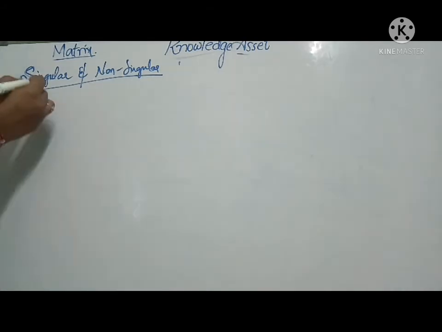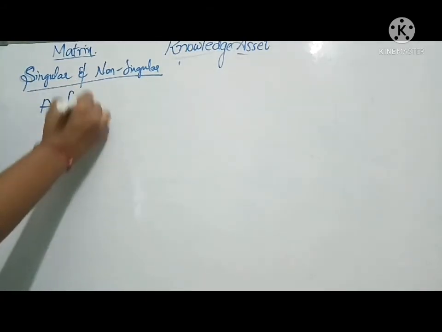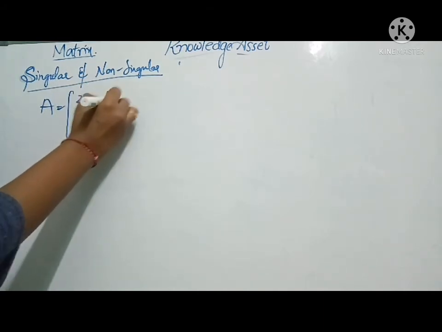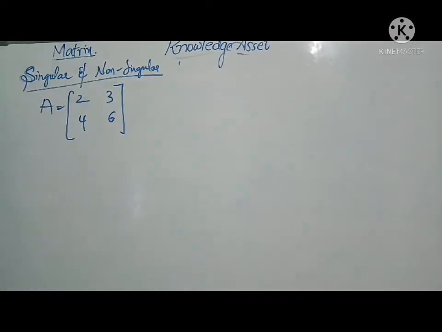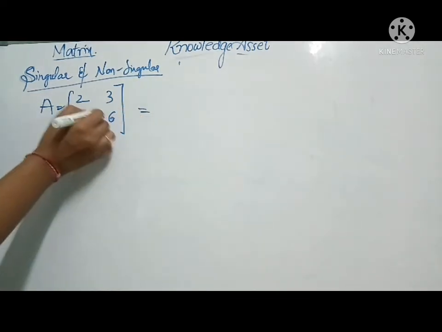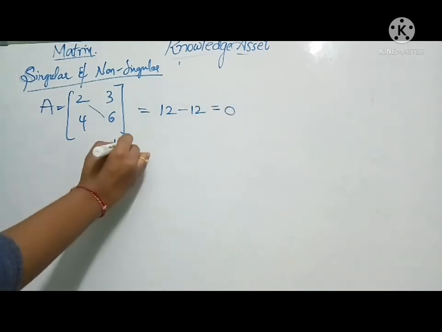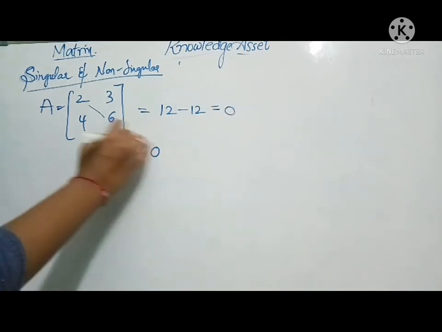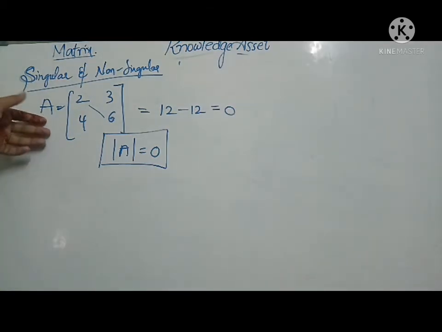Suppose, for example, A is the matrix [2, 3; 4, 6]. Find the determinant now. 6 times 2 is 12, and 4 times 3 is 12, so 12 minus 12 is 0. The determinant of the matrix A is equal to 0. Hence this matrix is called a singular matrix.